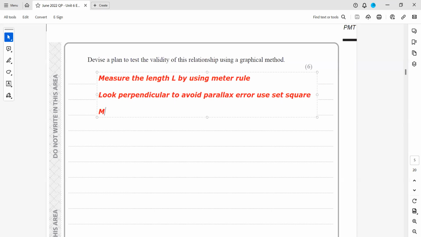Then start the timer to record the time for the pendulum.